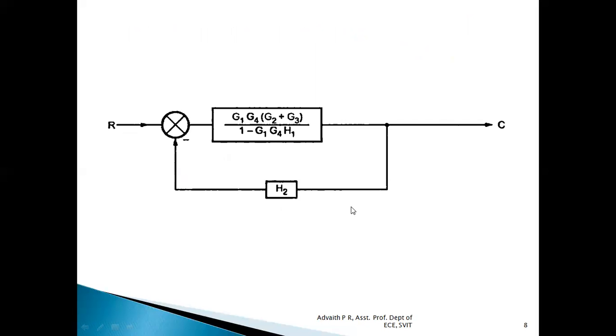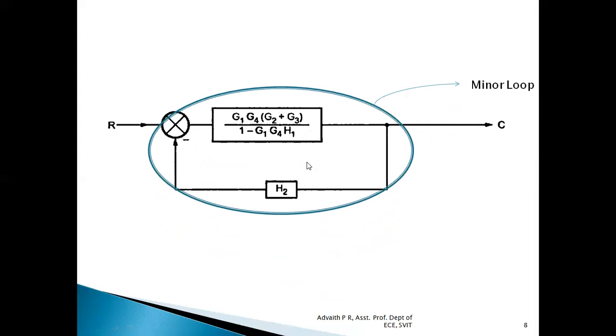Again, if we observe over here, we have a minor loop or canonical form of control system, which consists of one summing point, one takeoff point, one block in our forward path, and one block in our feedback path. So this forms a minor loop.